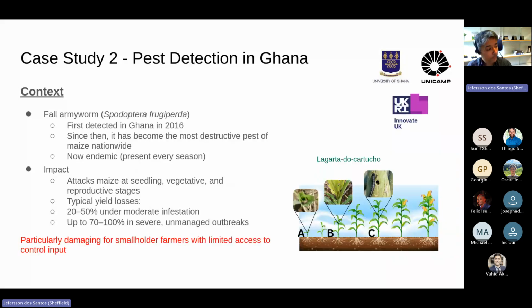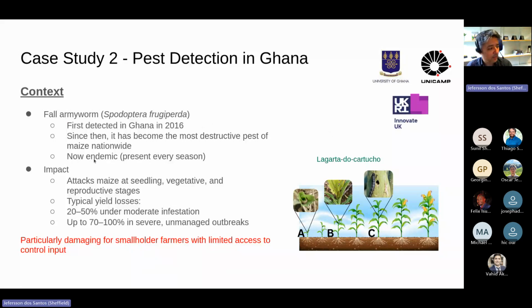the satellites. So an important aspect about analyzing pests in Ghana is that the farms have been very affected since 2016 because of the fall armyworm. It has been devastating for maize production in Ghana.